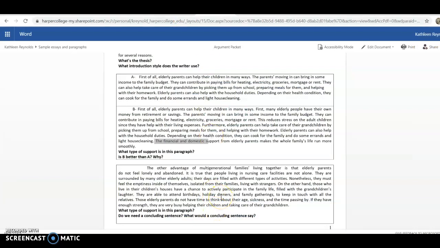Okay, so here they're comparing whether older people who live in nursing homes or houses are happier. The first part of the paragraph describes what it's like living in a nursing home. Then we have "on the other hand," our contrast word, and then we have a comparison to living at home.